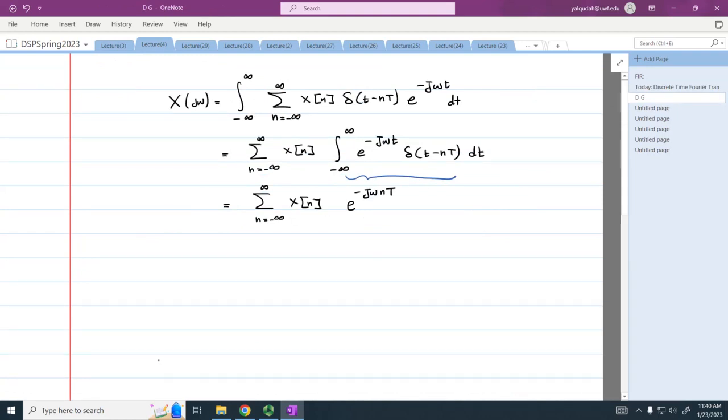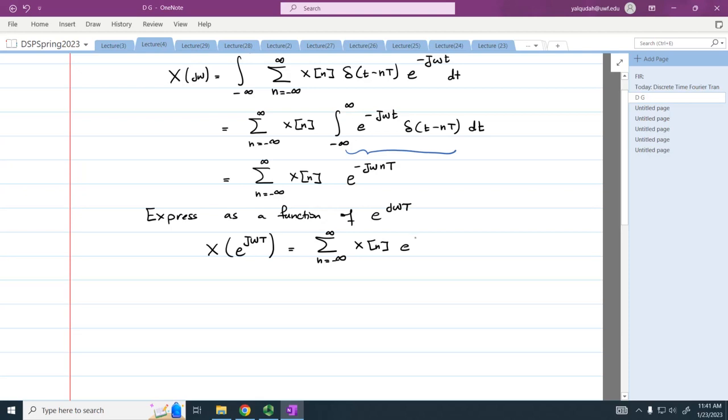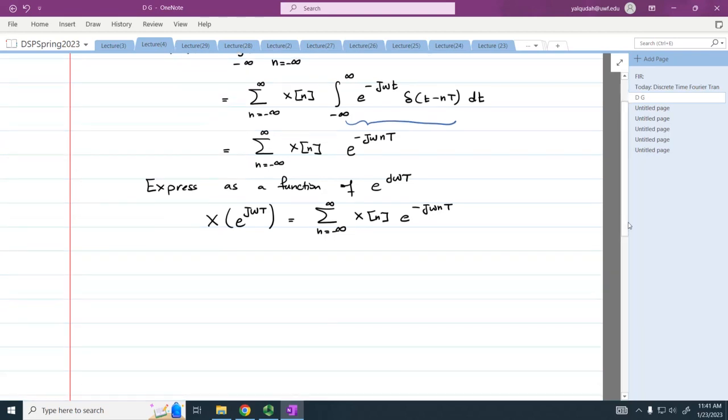So therefore, we can express this as a function of e to j omega T. So we can write this as X as a function of e to j omega T is equal to the summation from n equal negative infinity to infinity x of n e to negative j omega n multiplied by T. So just instead of writing this in terms of j omega, we can express it as X of e to j omega T. Okay, but if you recall, we defined the discrete time frequency omega.